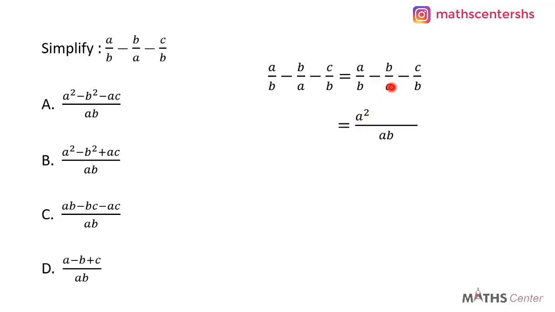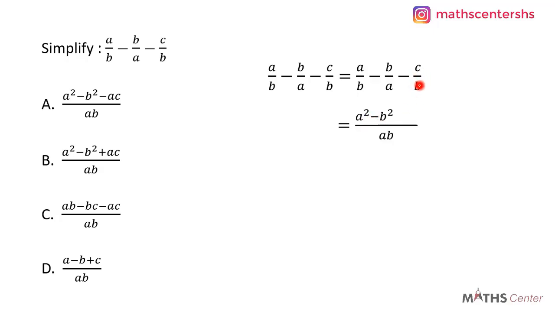For the second one, the denominator is A. AB divided by A will give us B. Then we will use B to multiply the numerator here, which is B. B times B will give us B squared. But we have a negative sign here, so don't forget to bring that.